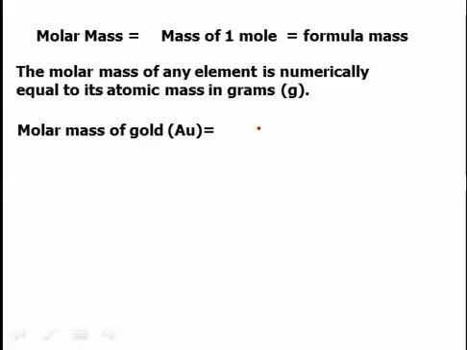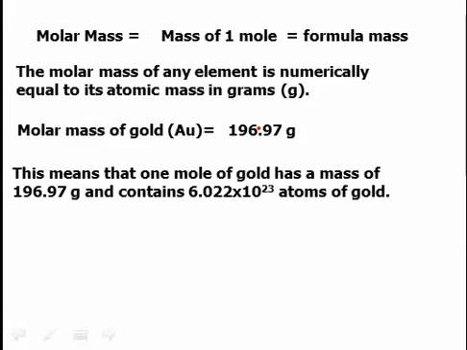So the molar mass of gold: you look on your periodic table, what's the mass of gold? It's 196.97, and we're just going to call that grams. So the molar mass of gold is 196.97 grams. That means that if you had 196.97 grams of gold, you would have 6.022 times 10 to the 23rd atoms of gold.